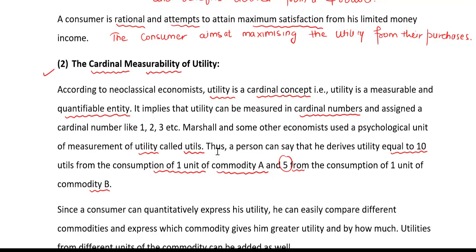So comparison is possible if you can measure the utility in cardinal numbers. The commodity which is providing more utils or more utility will be preferred.